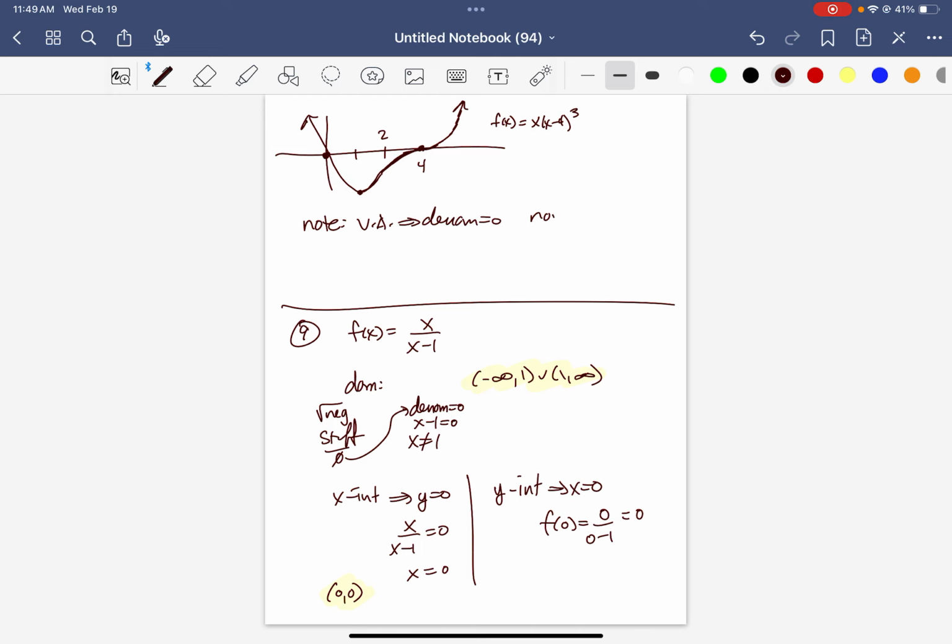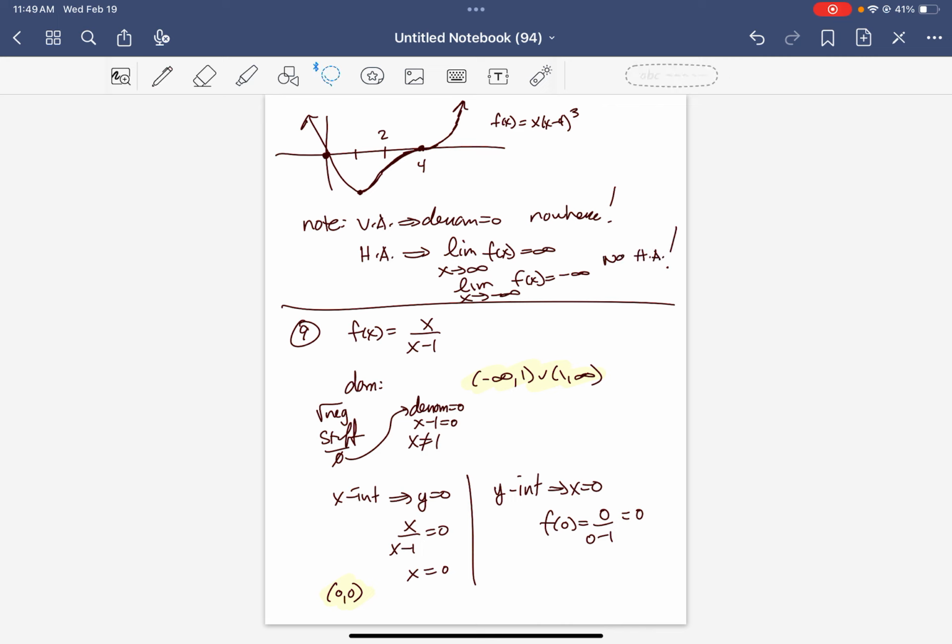That happens nowhere. And then horizontal asymptotes, you want to look at the limit as x goes to infinity of f of x, which is infinity, or you can take the limit as x goes to negative infinity. For both of those, it's going to be infinity, so we have no horizontal asymptotes for this thing, right? Cool. That was for the last one.